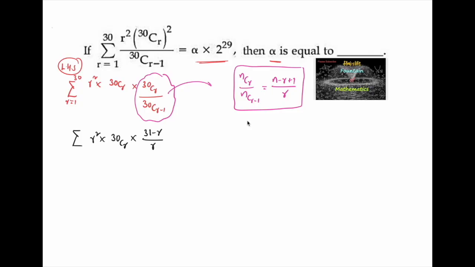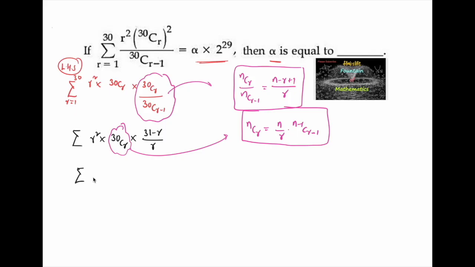And again we have another property. nCr is equal to n upon r into n minus 1 c r minus 1. So let us apply this property here. So we can write summation r square into 30 cr, where n is equal to 30.